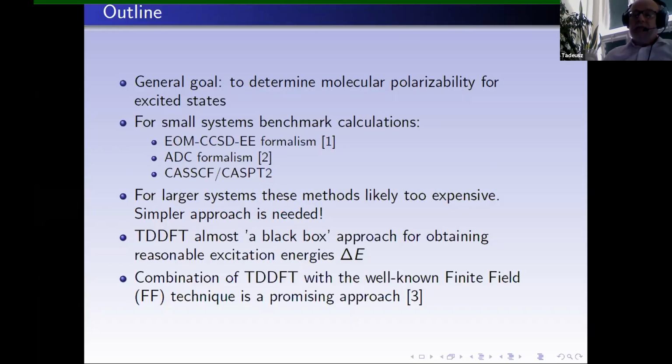And now time-dependent DFT has become almost a black box for studying excited states. So the combination of the standard time-dependent DFT with a well-known numerical technique like finite field seems to be a promising approach, and it was actually tried several times in the past.